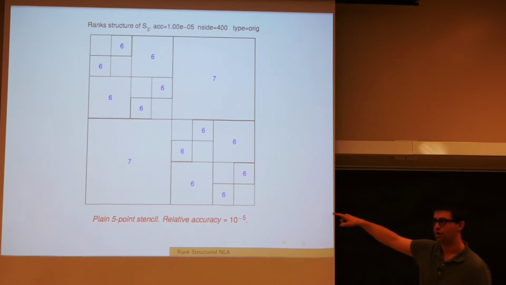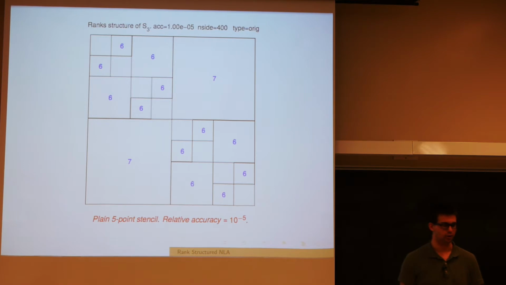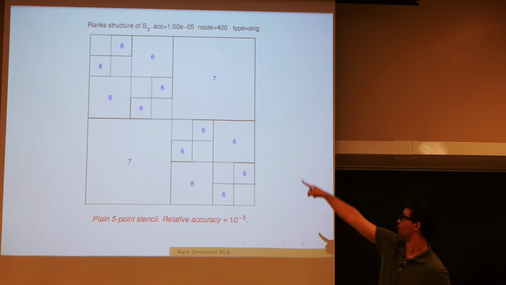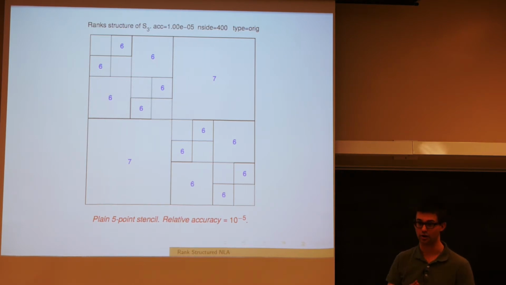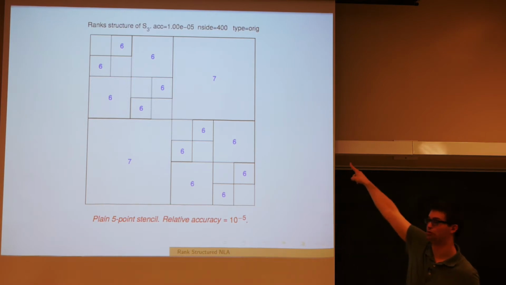In general, if you want to be rigorous, you have to test all the off-diagonal blocks. But 9 times out of 10, depending on the application, the furthest block is where your largest number is going to be. So if you just want to estimate it, you can get a very good lower bound by just doing the rank on that off-diagonal block.